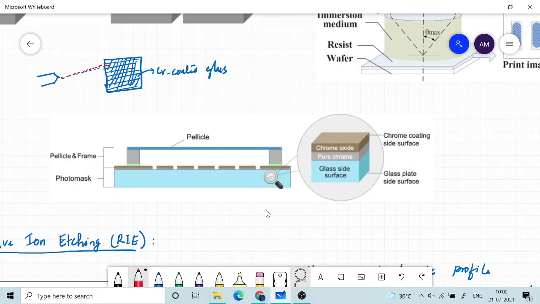The photoresist property will be changed, and suppose we want to irradiate this portion. I will make the beam move from one side to another, and scan the entire region of the photoresist where I want to remove the chromium material. In that region the photoresist will be changed because of the irradiation.